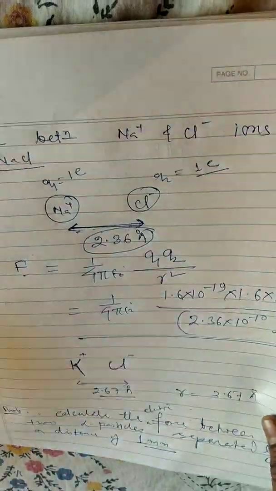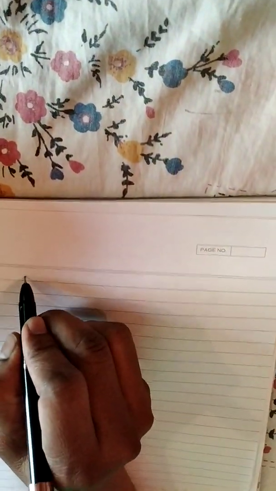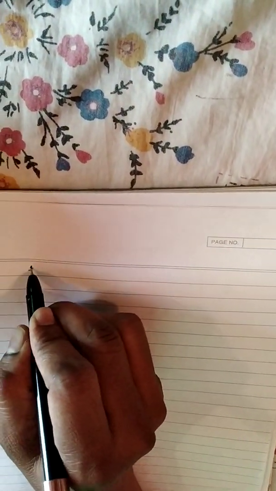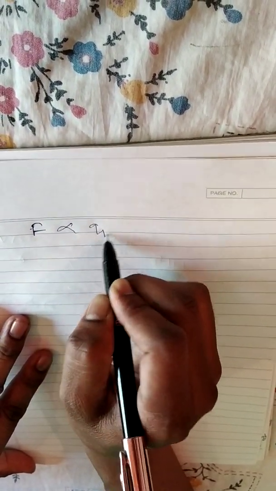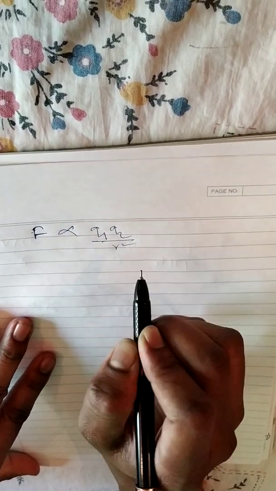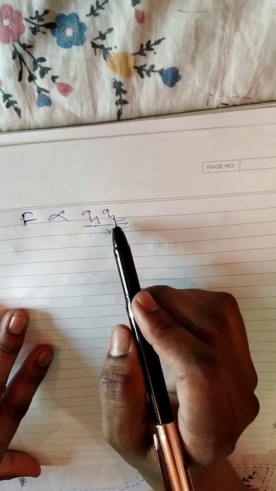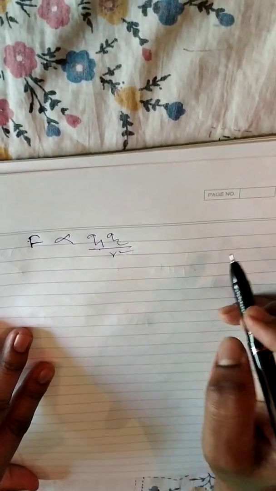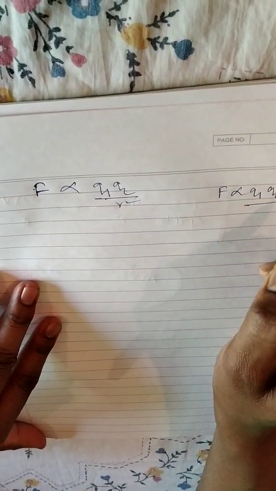Now, one more importance of this law, let me discuss. See, these are the points from the exam point of view. F is proportional to Q1 and Q2 by R square. Now, if we make some changes in Q1 and Q2, keeping R constant, then simply F is proportional to Q1 and Q2.